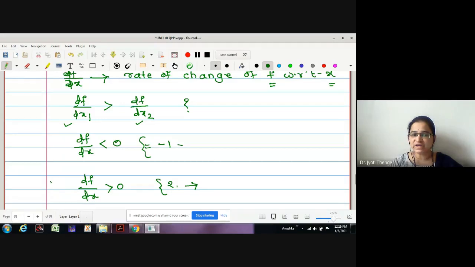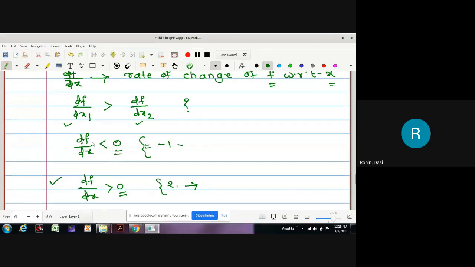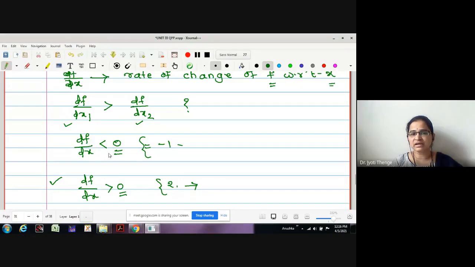Here the function f increases because the rate of change is greater than 0. Here what is going to happen? May I say f is going to decrease? Yes, ma'am. f is going to decrease as there is a change in the variable x. Here f is going to increase at twice the rate.